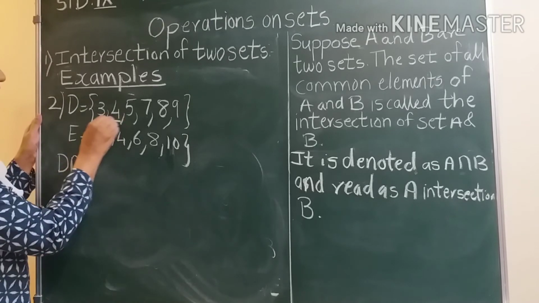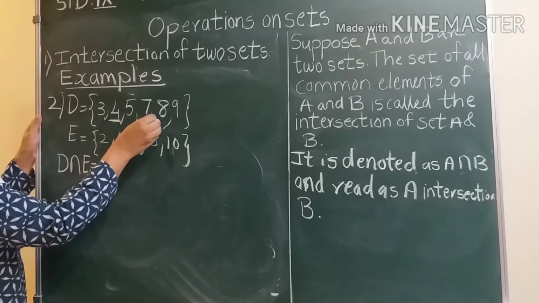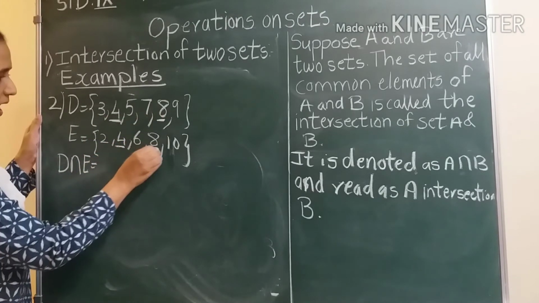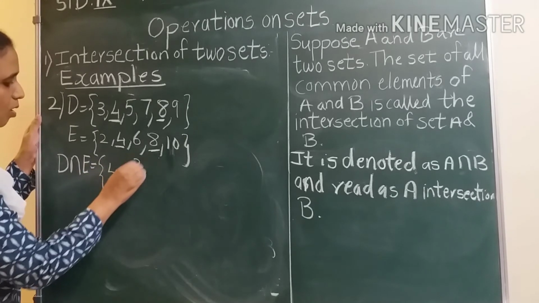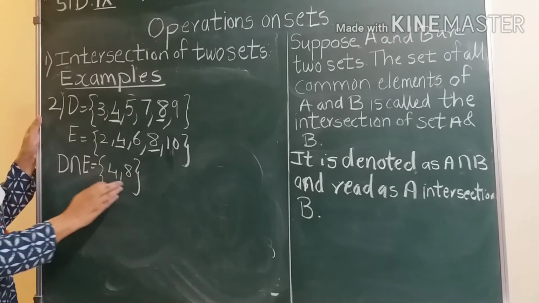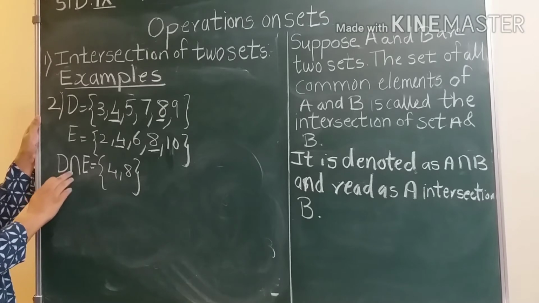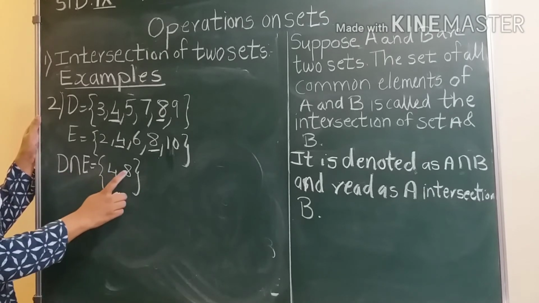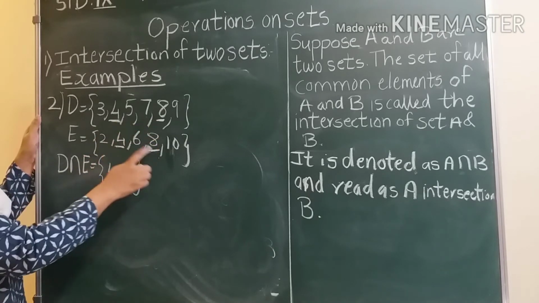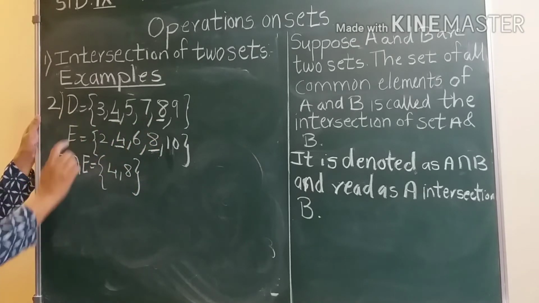Common elements. We'll underline the common elements over here in these two sets. So 4 and 8 are the common elements. So how many elements we have got in D intersection E, only two elements. That is 4 and 8, because 4 and 8 are common in the set D and E.